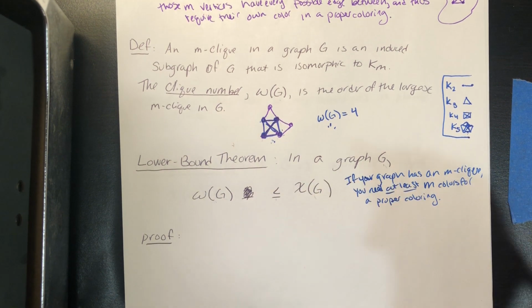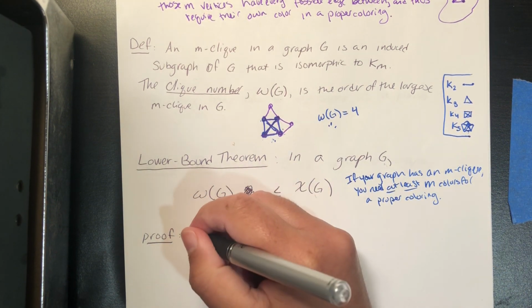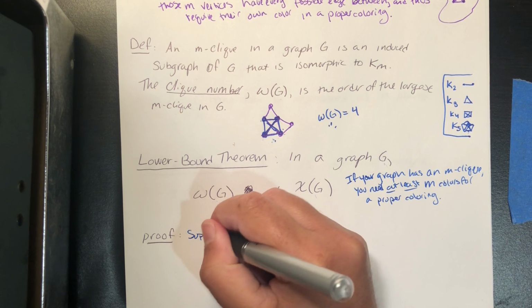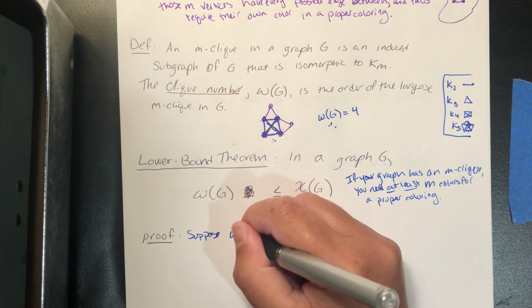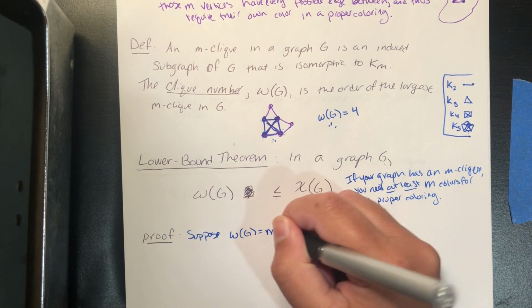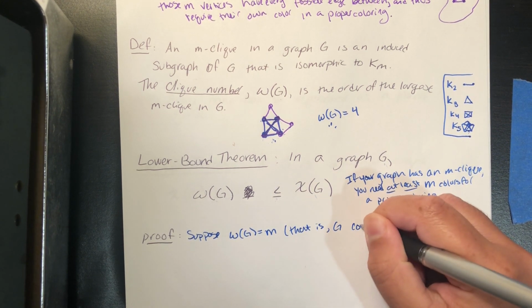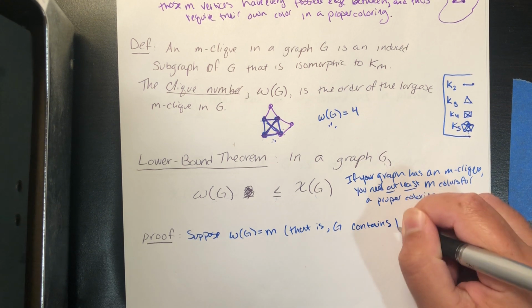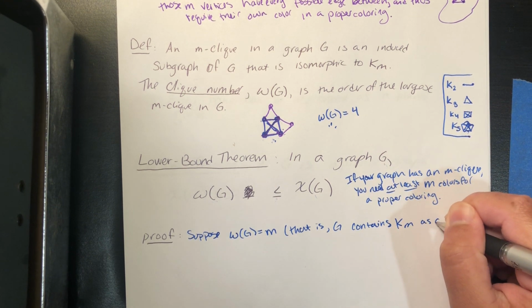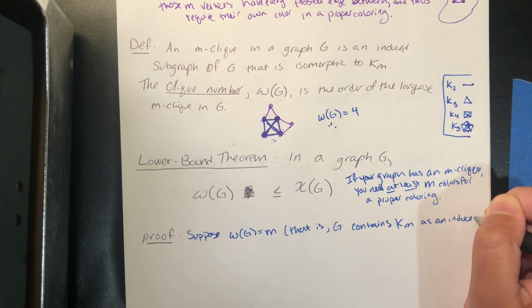So proof of this is simple enough. Suppose omega of G is equal to m. That is, G contains Km as an induced subgraph.